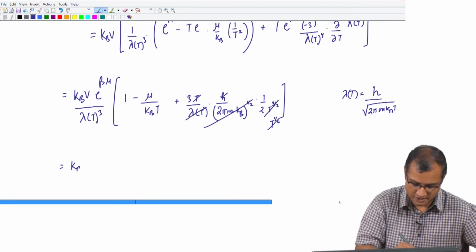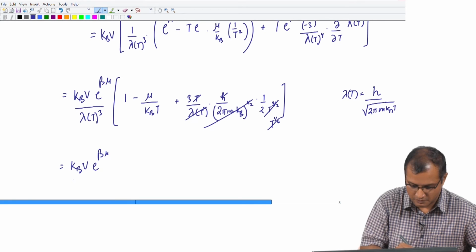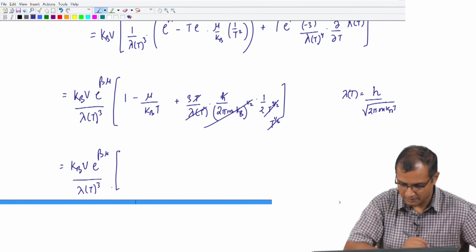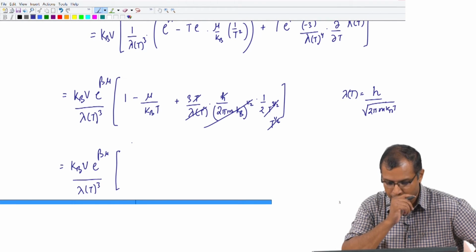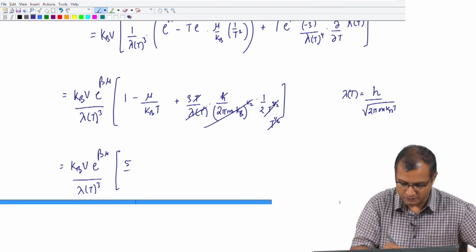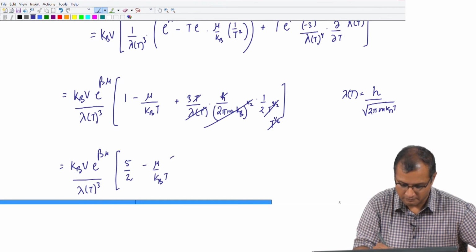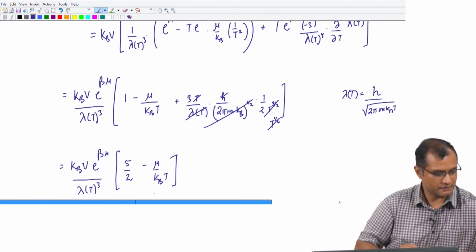So, this is just k_B V e raised to beta mu upon lambda T to the power 3, and it will just give me 5 by 2 minus mu by kT. Okay. So, let us just check if the expression is correct.